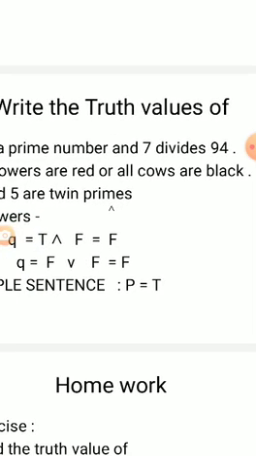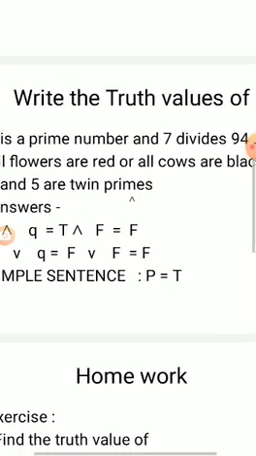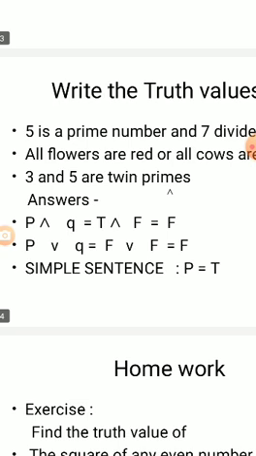So this statement, 7 divides 94, is false, and its truth value is F. So it is P and Q, or P conjunction Q. As P is true and Q is false, the truth value is F. If one of them is F, the truth value is F.